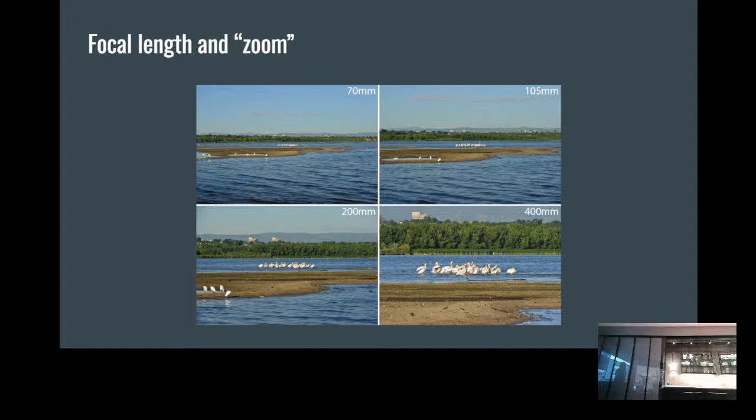The smaller the number, the more wide angle you're going to get. The larger the number, the tighter the focus is going to become. So depending on what you're taking pictures of, 24, 14, 16 millimeters, those are considered your wide angle. When you're taking pictures of birds or nature or things that you can't get that close to, you have distance on you, that's where you get your big telephoto lenses.